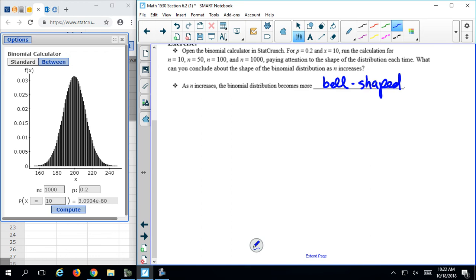In fact, we have a rule for this. If n times p times 1 minus p is at least 10, then you can use the normal distribution in place of the binomial or vice versa, whichever one you need. They're going to be close enough together that you could use either one. Okay. So we'll say this.